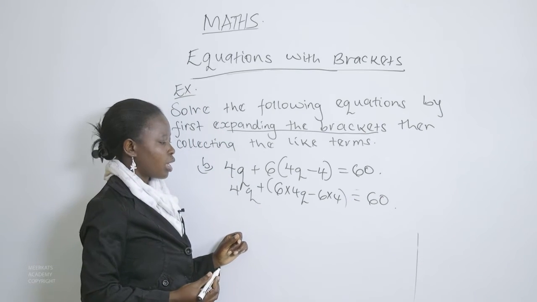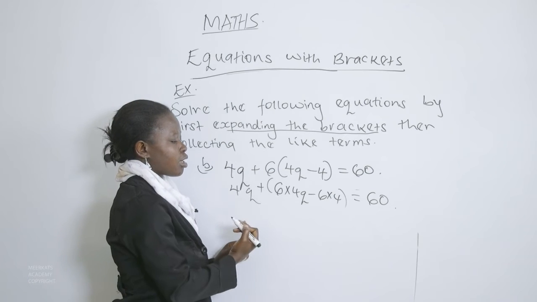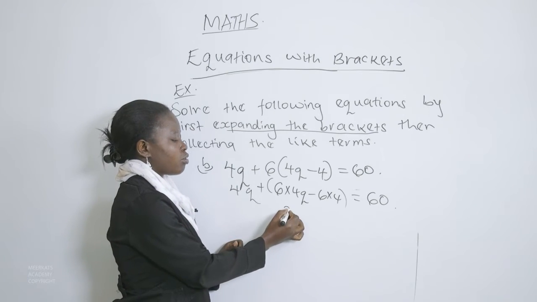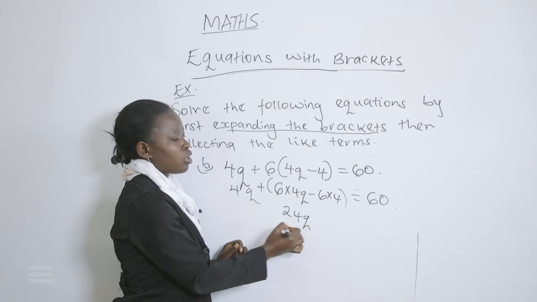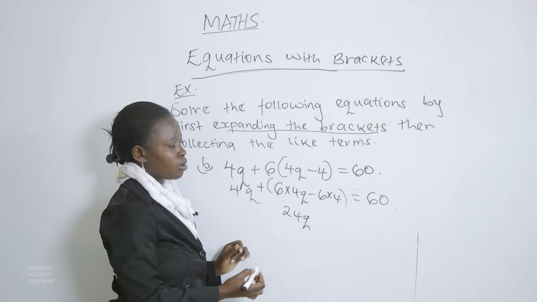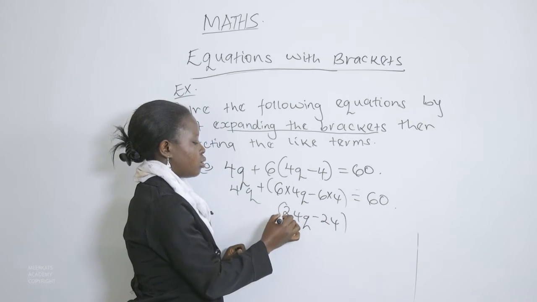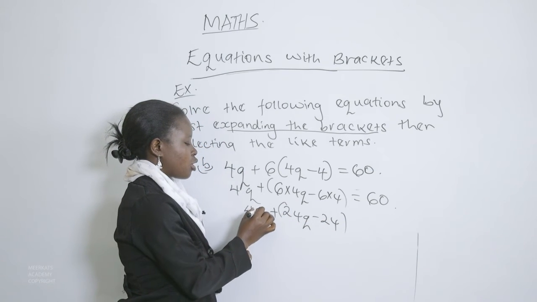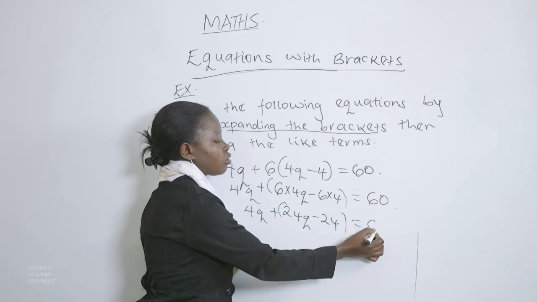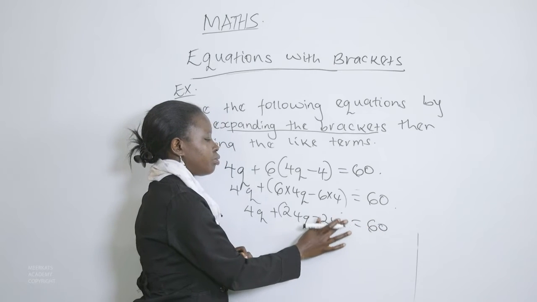So 6 times 4q gives us 24q. Then 6 times 4 gives us 24. Then plus 4q will be equal to 60.